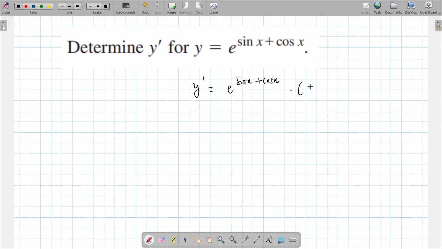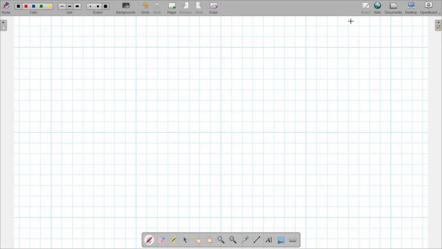So times cosine of x, that's correct. Anything else? Plus negative sine of x. Yes. So now plus negative sine just means minus sine. And done. One step.